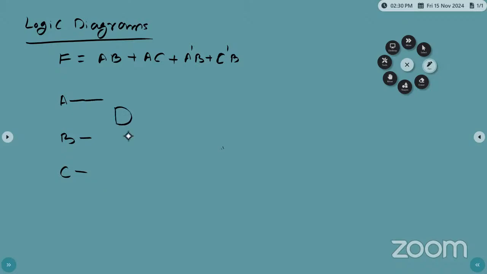Which operator do we need to use? Logical AND operation, AND gate. What is the output of this gate? AB. Next, what is the next expression? AC. AND relation. Now we can take C.